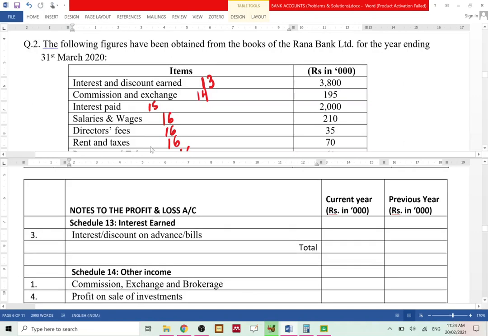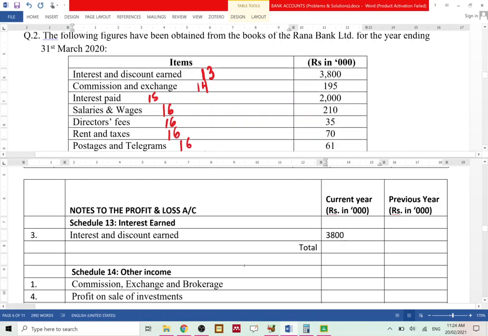So let's see. First we have interest and discount earned, right? So we'll put it here, interest and discount earned. The amount is 3,800. We don't have the previous year's column, so we'll leave it at that. We'll do the totals once we have posted all of those items under different categories.